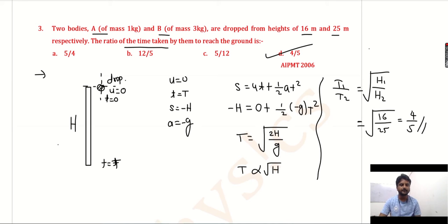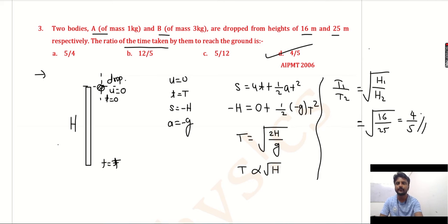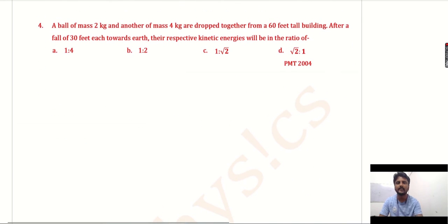Isn't it an easy question? Okay, moving toward the next question. Question number 4. Look at what is given. A ball of mass 2 kg and another of 4 kg are dropped together from a 60 feet tall building. After a fall of 30 feet towards earth, their respective kinetic energy will be in the ratio. Again, this is a similar category question like question number 1 and 2.